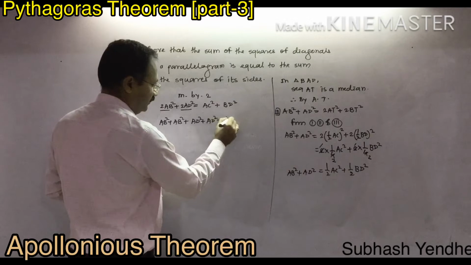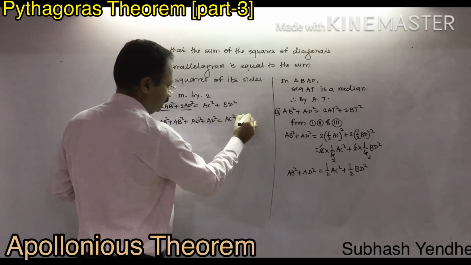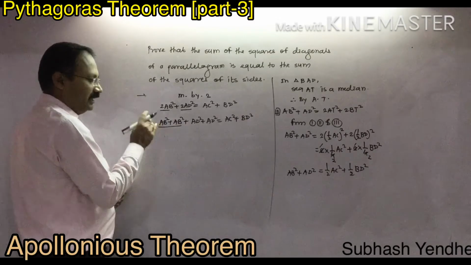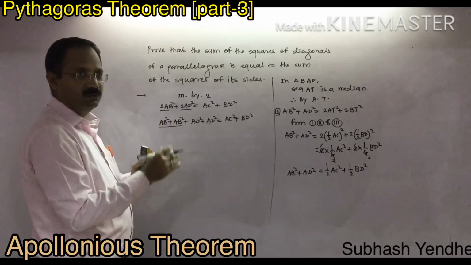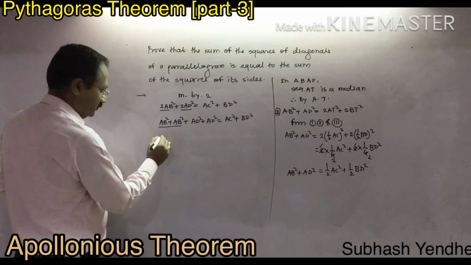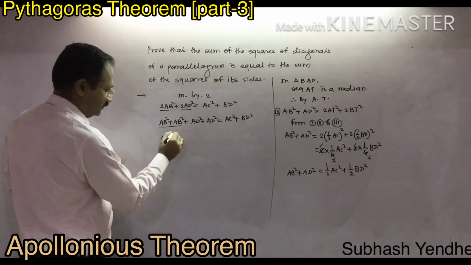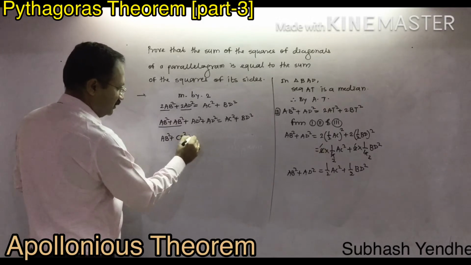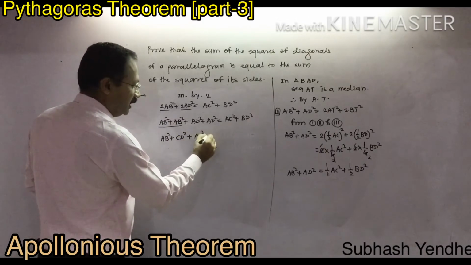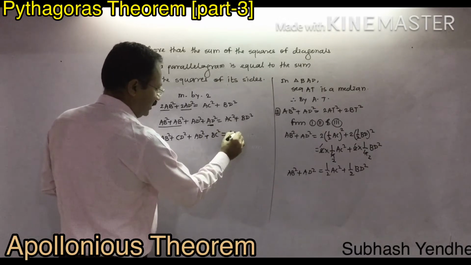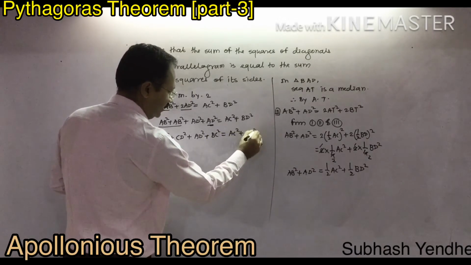So we get AC square plus BD square. We know that in a parallelogram AB is equal to CD. So AB square plus CD square, and AD equals BC, so AD square plus BC square, equals AC square plus BD square.